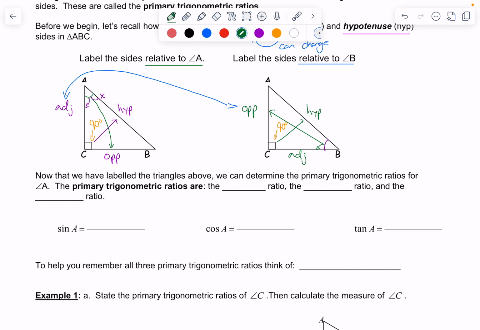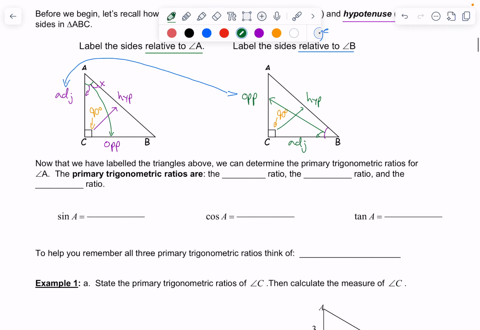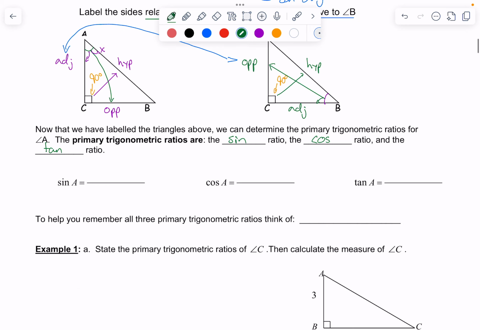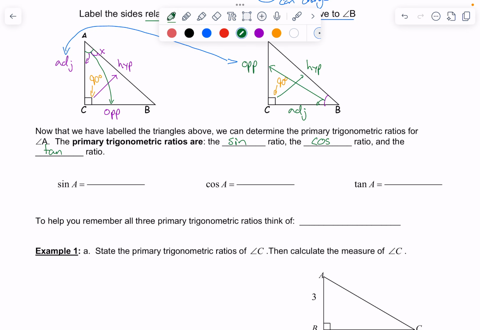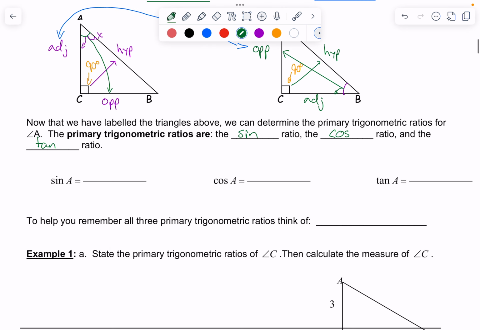So now, I kind of alluded to these three trig ratios. The three trig ratios are the sine ratio, the cosine ratio, or the tan ratio. What these ratios do is they measure side lengths of a right angle triangle. They give you the ratio of one side length relative to another.